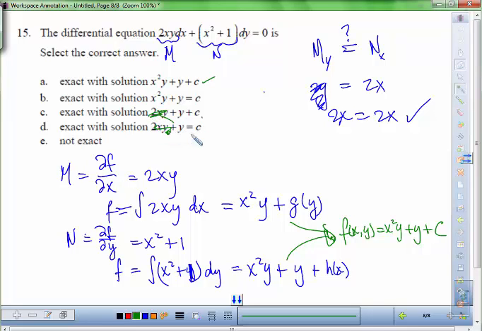So is your answer A? B? What's the difference between A and B? It's the same thing? So you put the plus C on the other side, it would be the same thing? Yes.